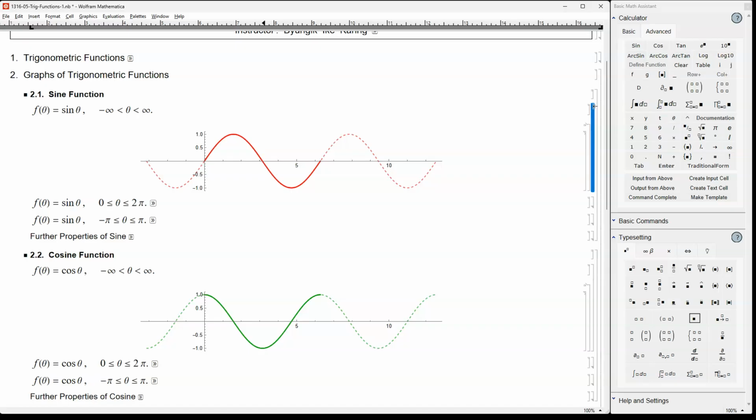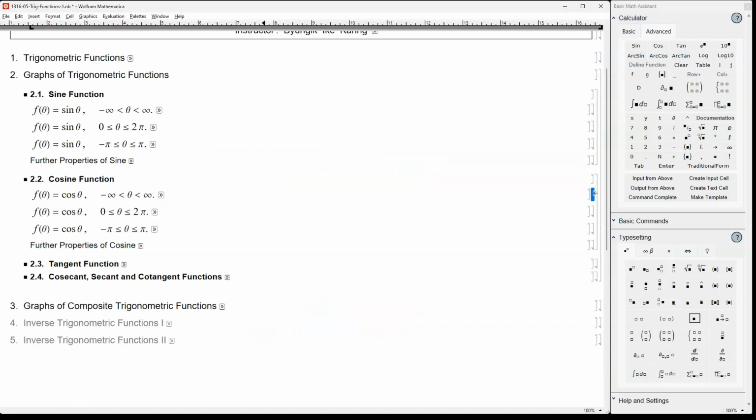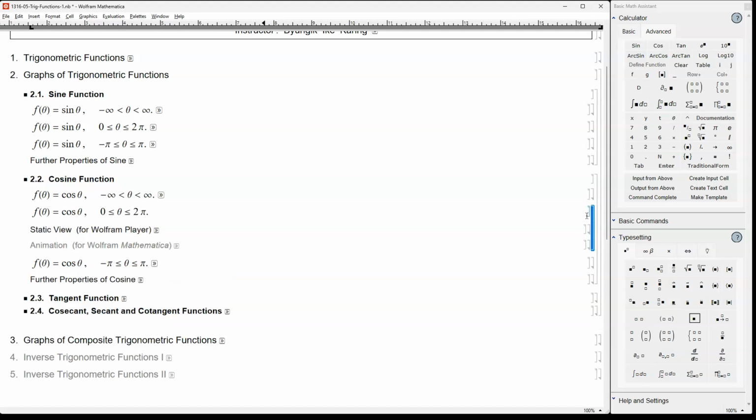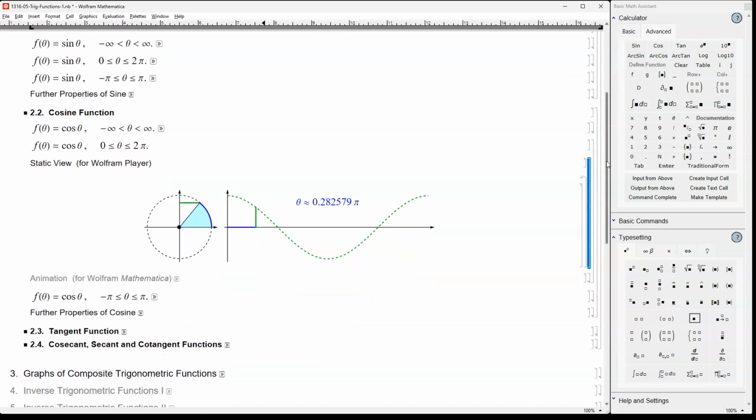And then, if you compare the definition of the cosine function with that of the sine function, why we have the same picture will become really clear. On the left-hand side, in the circle picture, we have the definition of the cosine function.